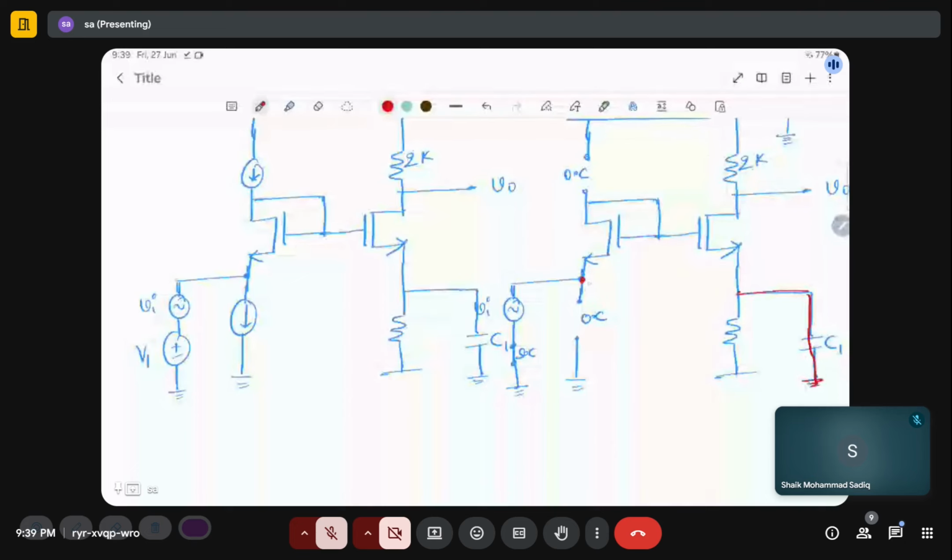So here if the voltage is Vi, what is the voltage here? Same, working as a 1 by gm, right?